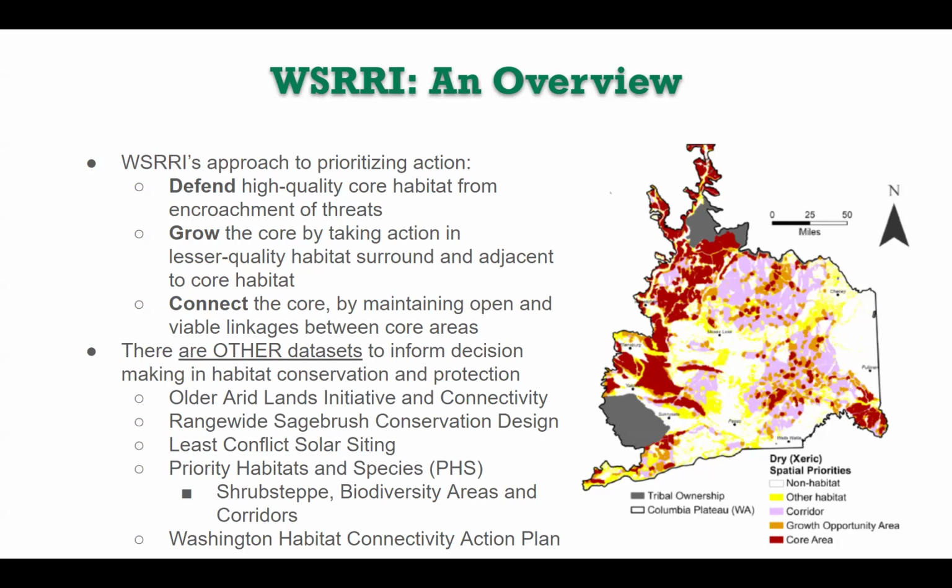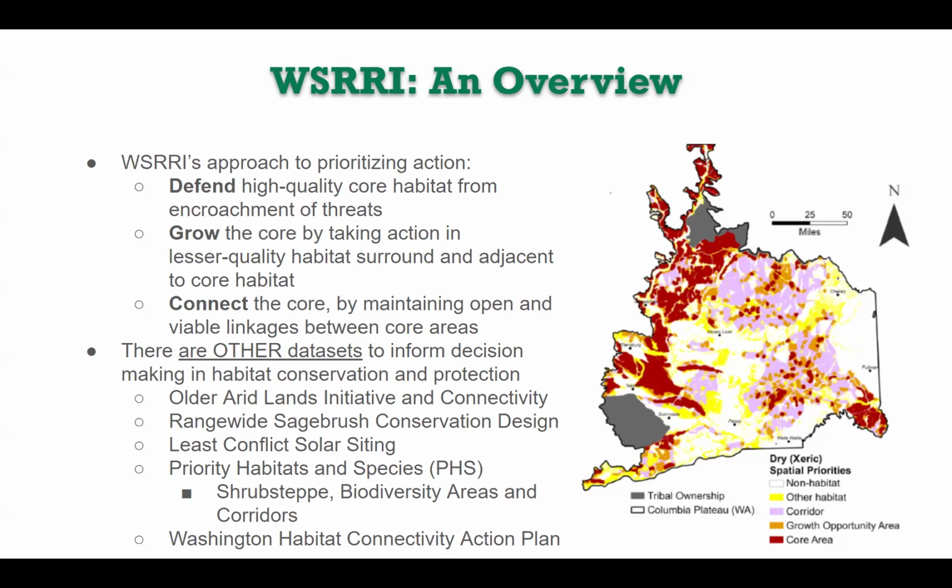The other data sets that are available include some older Arid Lands Initiative and older Wildlife Habitat Connectivity Working Group data. I think those data sets are from like 2012, 2014. There's the range-wide sagebrush conservation design that I mentioned.